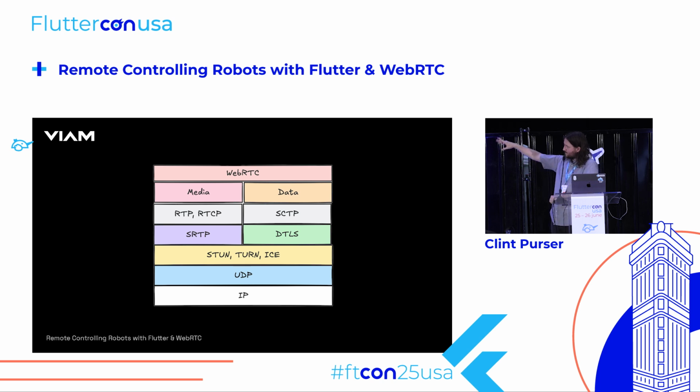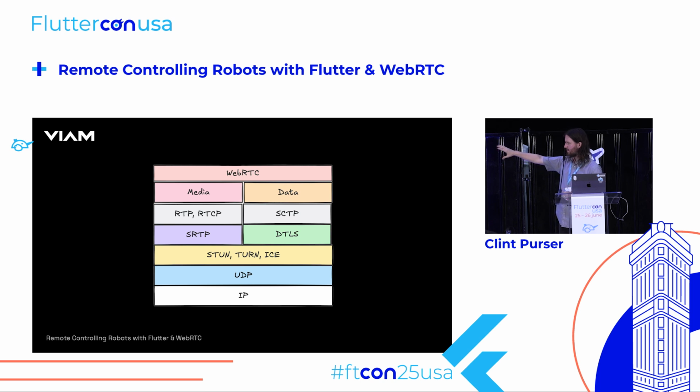So STUN stands for Session Traversal for NAT. Again, an acronym inside an acronym. TURN, Traversal Using Relays around NAT. Interactive Connectivity Establishment, ICE. We'll talk a bit more about what those mean. NAT is network address translation, and what that means is that when you have your phone or your laptop, you're not connecting directly to the internet.